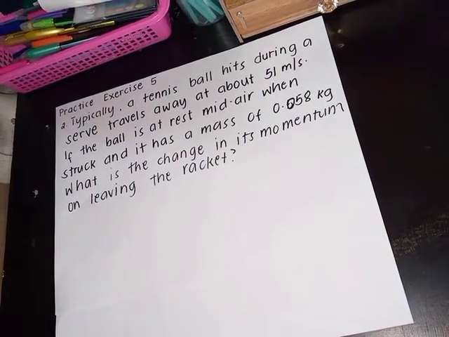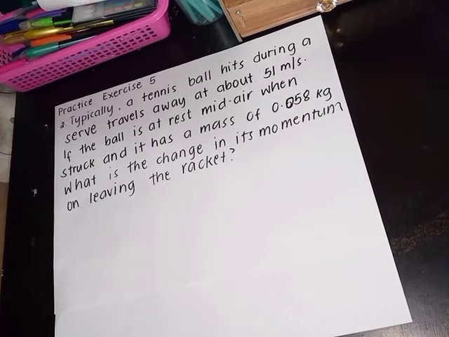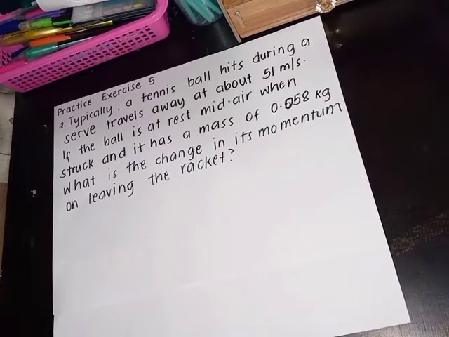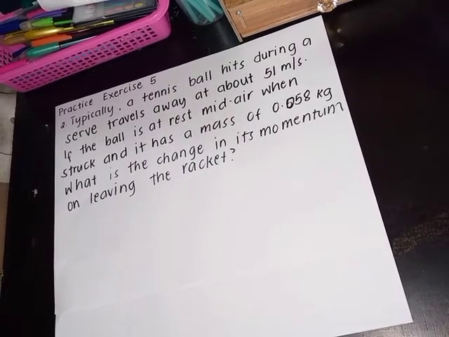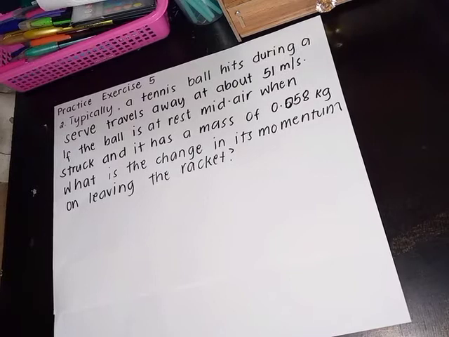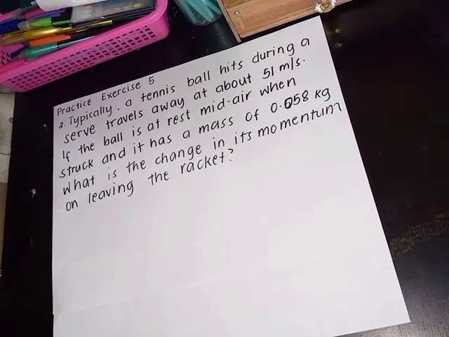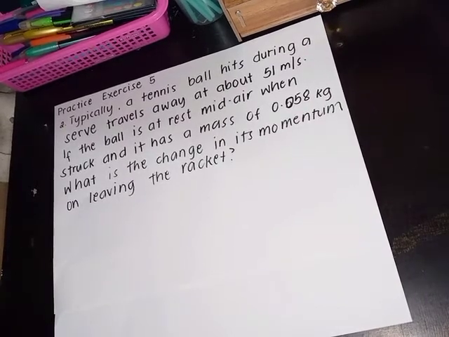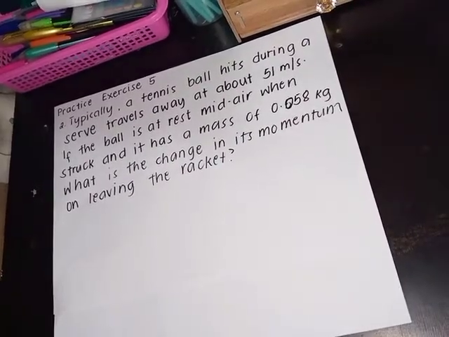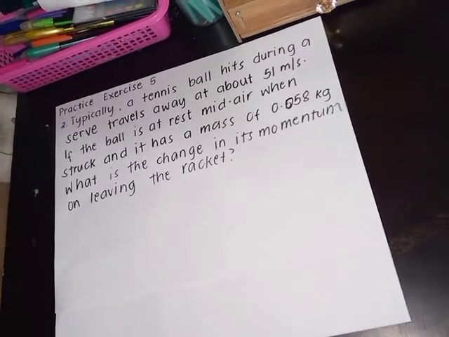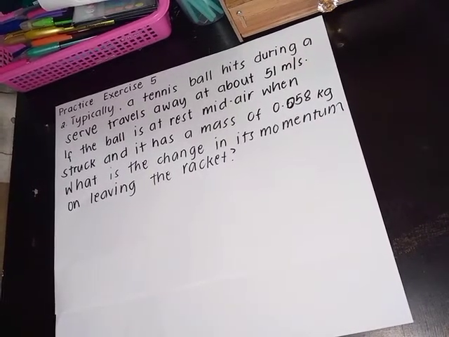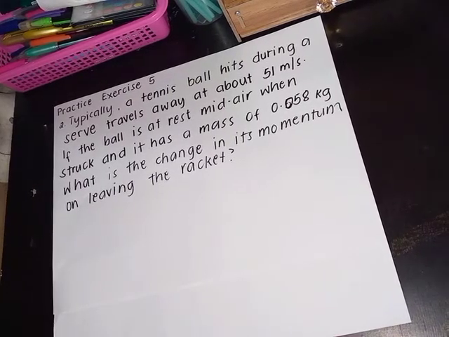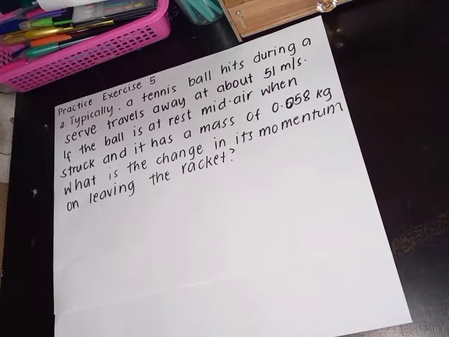For practice exercise 5, I choose the problem number 2. Problem number 2 is, typically a tennis ball hit during a serve travels away at about 51 meter per second. If the ball is at rest mid-air when struck and it has a mass of 0.058 kilogram, what is the change in its momentum on leaving the racket? So, to find the change in momentum, we have to identify first what are the given.